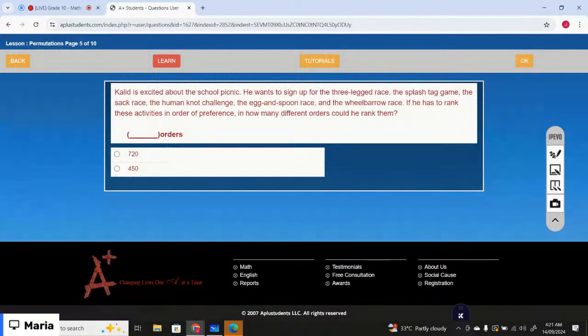Khalid is excited about the school picnic. He wants to sign up for the three-legged race, the splash tag game, the sack race, the human knot challenge, the egg and spoon race, and the wheelbarrow race. If he has to rank three activities in order of preference, in how many different orders could he rank them?